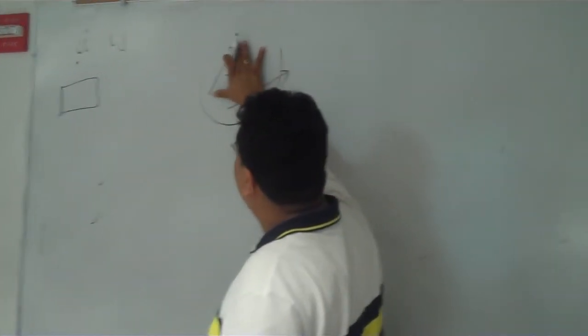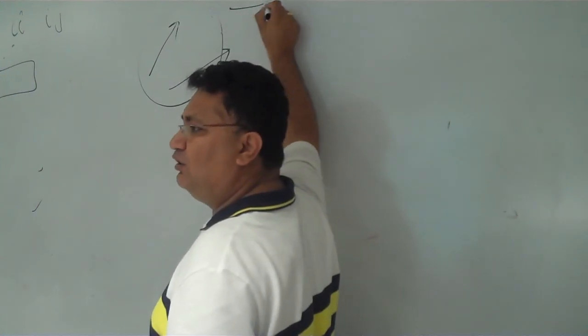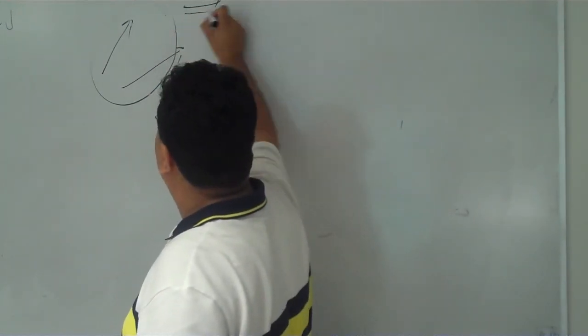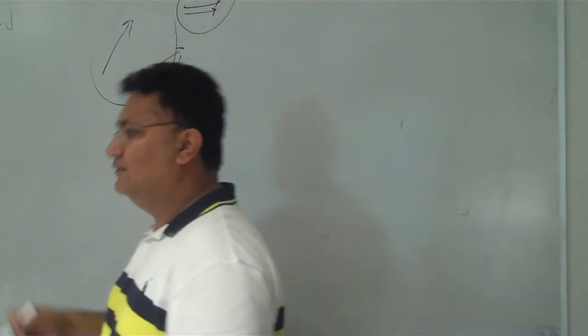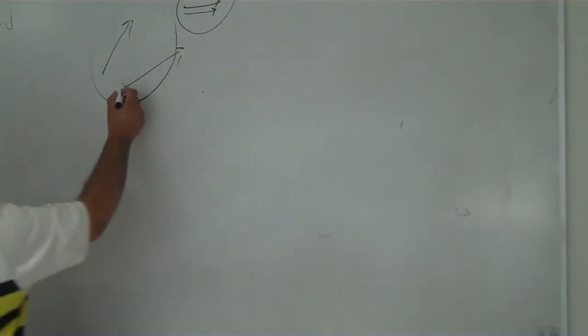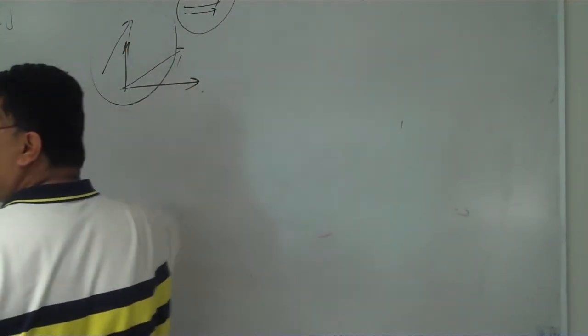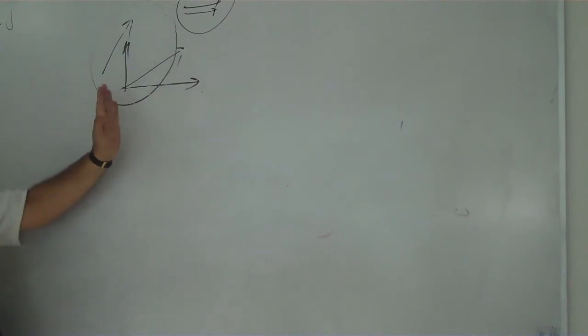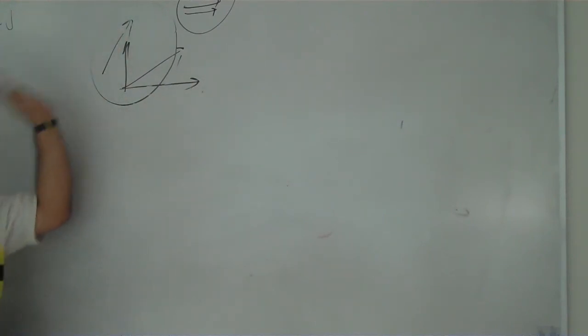We take the component of this vector here, again the component of this vector here, and then add, a vector sum. Similarly, a vector can be divided into 2 components, in the x direction and y direction. We add the x components and the y components of the two vectors, and in this manner we can find the resultant of 2 vectors.